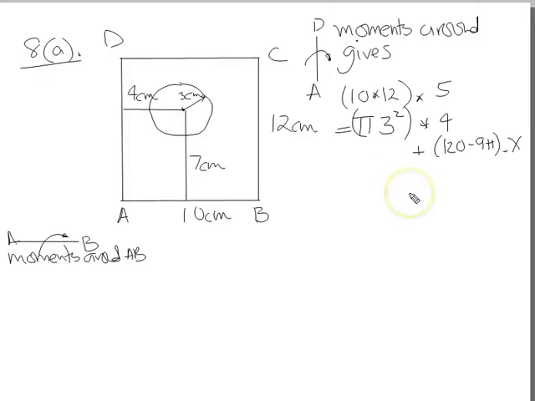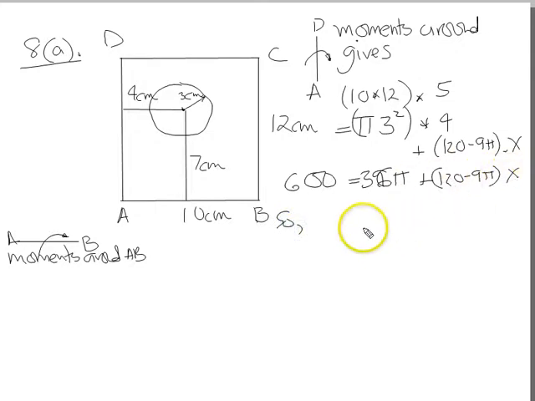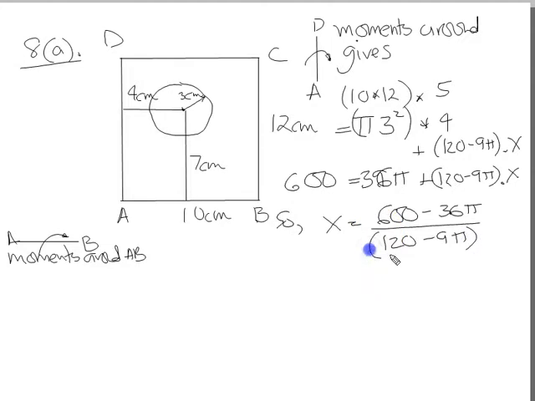So this gives then, we've got 120 times 5, which is 600, equals 9 pi times 4, which is 36 pi, plus 120 minus 9 pi times x. So now I'm going to read that from right to left. So x equals then, it'll be 600 minus the 36 pi. So I've moved that over there, and then I'm going to move that from times to divide. There we go. So x equals, so what have we got then?